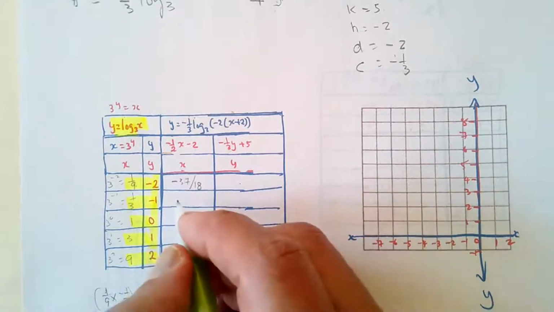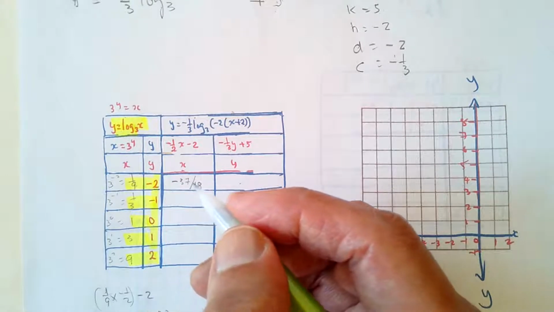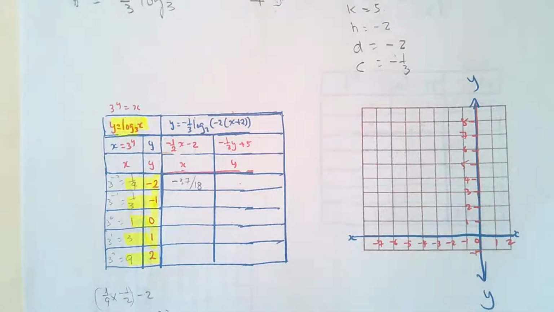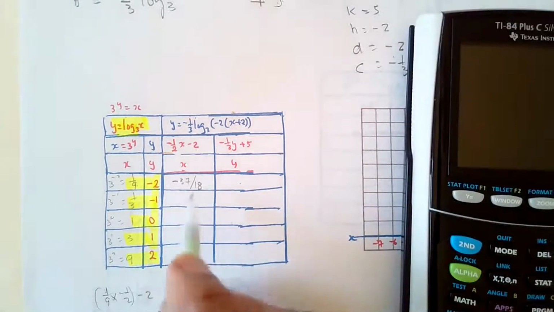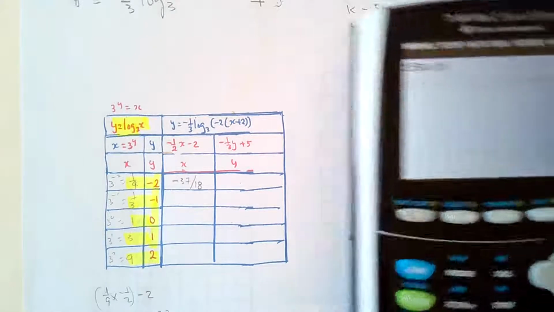It's kind of an interesting fraction. You could use your calculator and get the same result. So I'm going to use my calculator to give me the decimal. It's just under 1. Let's see what that gives us here.